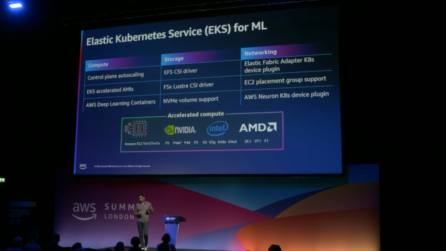On the storage and networking side, we build drivers and plugins to make EKS work with those underlying services like FSx for Lustre or EFS, or the networking side, the EFA or Elastic Fabric Adapter, to simplify the interaction that your container on Kubernetes has with the underlying infrastructure. If you want to learn more about EKS and how you could get benefits from EKS and Kubernetes with machine learning, there's a talk happening right after this in Theater G. Highly recommend that.